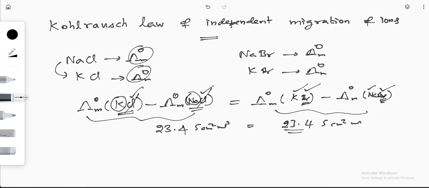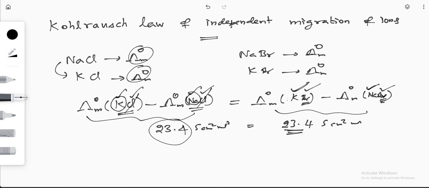And if the potassium ion conductivity and the sodium ion conductivity at infinite dilution are constant, then only the difference of 23.4 is observed for all the electrolytes. On the right hand side also, lambda m for potassium and lambda m for sodium, if these values are constants, then only the difference should be the same, 23.4.